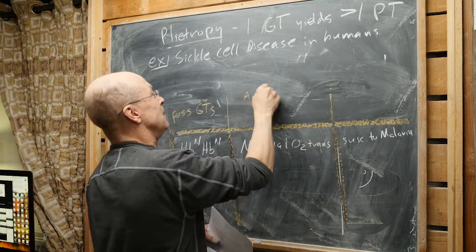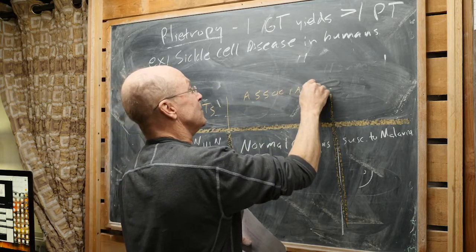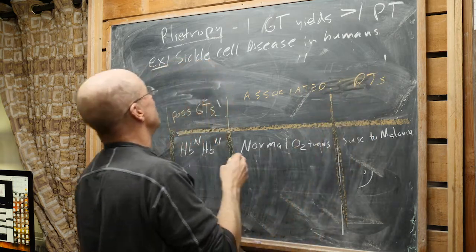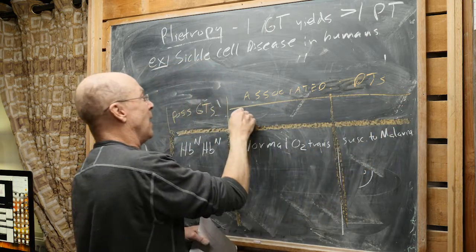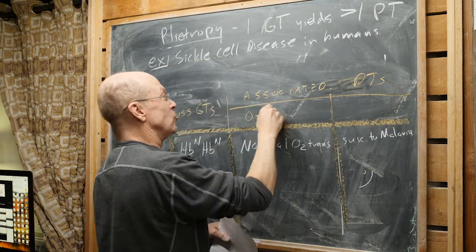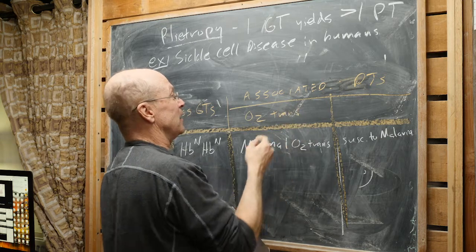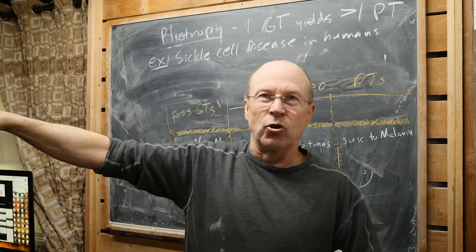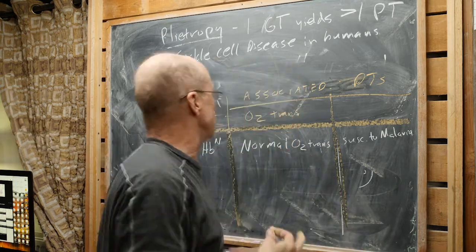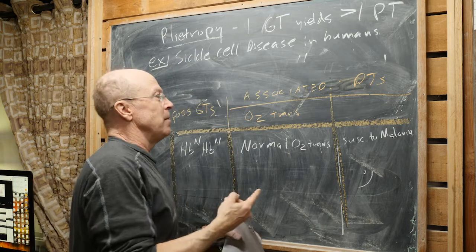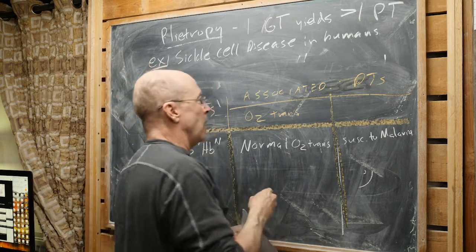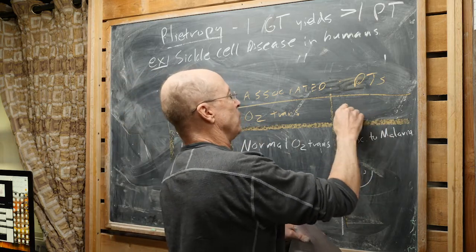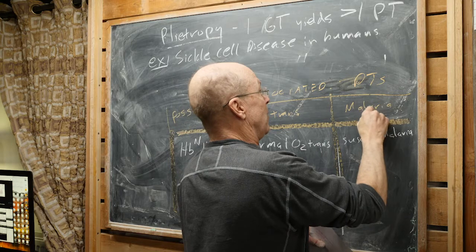Associated PTs, and note that I have 2. I have basically O2 transport, which means that if you've got nice, beautiful cells, they go through and do the job. If you have cells that are sickle-shaped, then they have problems. And I'll explain that in a minute. So O2 transport, and then over here, this would be regarding malaria susceptibility.